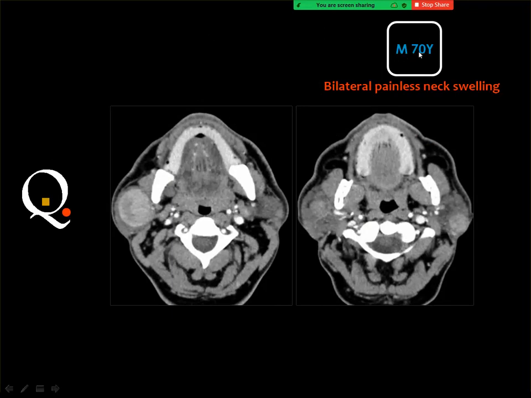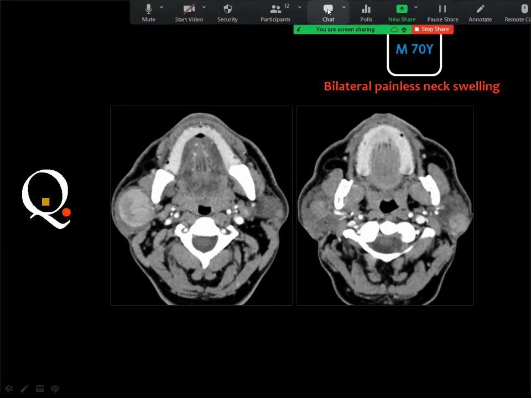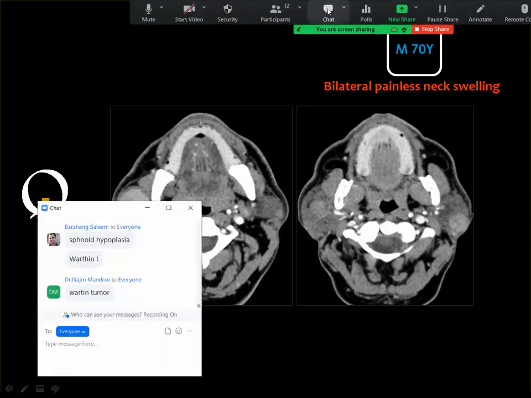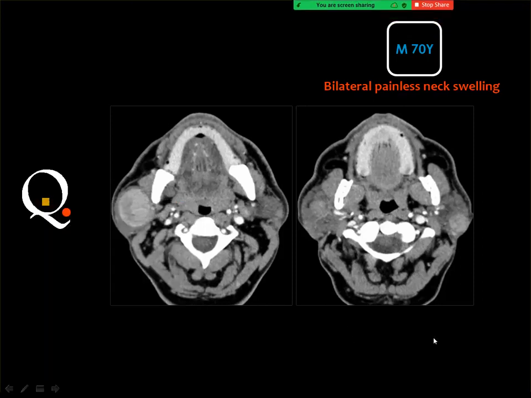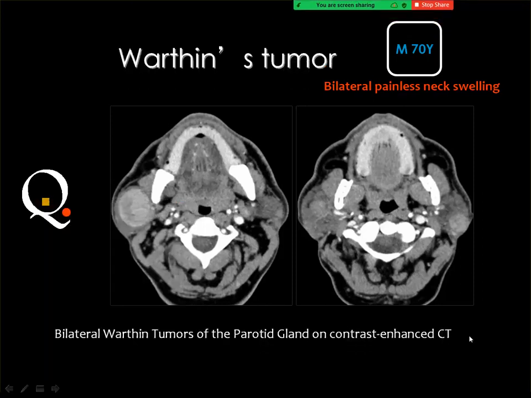This patient is 70 years old with bilateral painless neck swellings. Yes, Warthin tumor is a good answer, and also one of the answers that appear good to me is bilateral pleomorphic adenoma of the parotid glands.